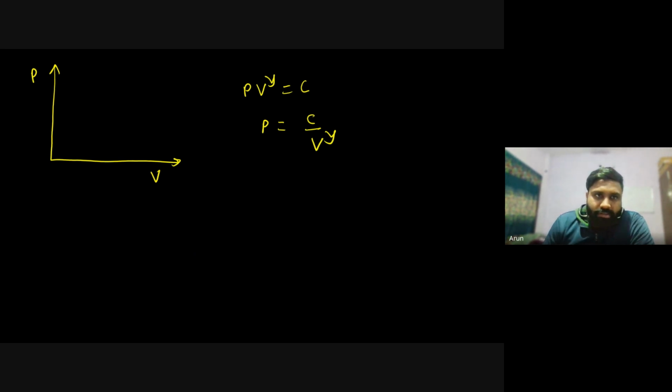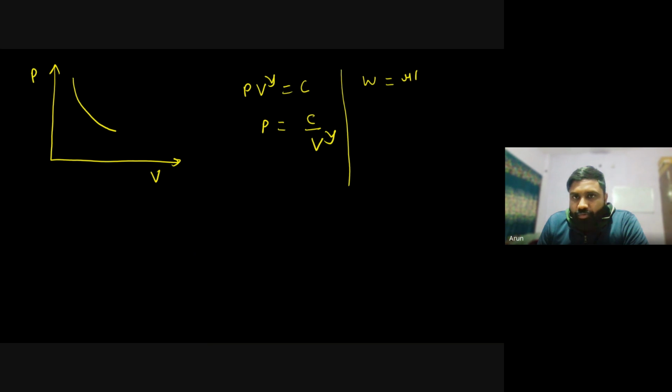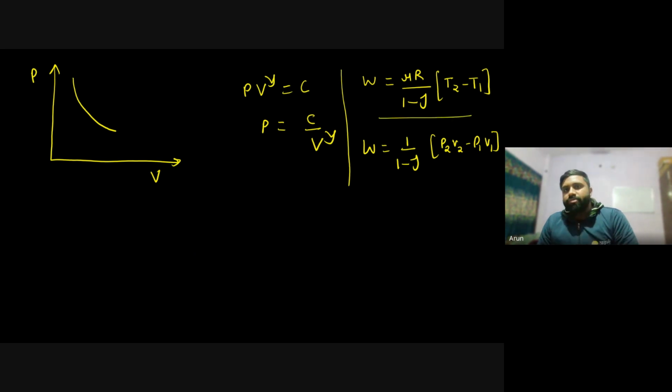So the graph is also like this, but the slope of this curve differs from the previous slide, the one with work done. Work done you can write from here: it is mu R over 1 minus gamma, T2 minus T1. And the second formula is work done is equal to 1 upon 1 minus gamma, P2 V2 minus P1 V1. So we will have these two formulae.